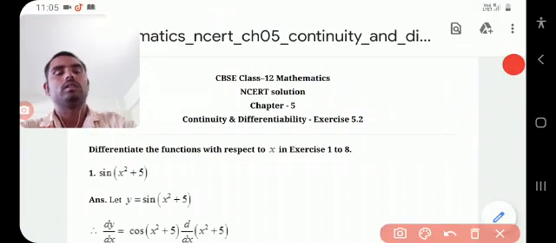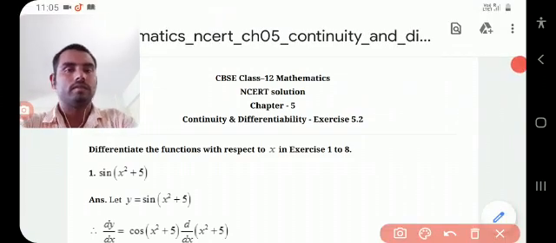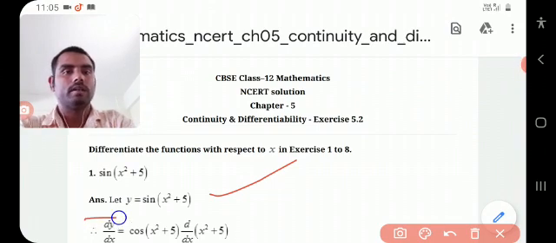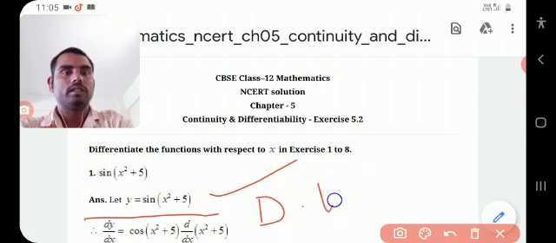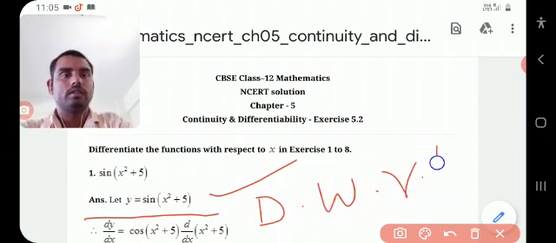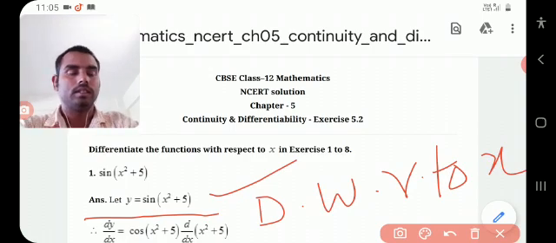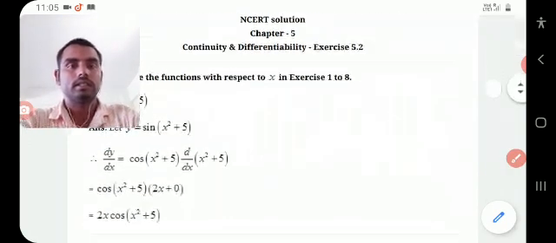So you first write, let y equal to this part, and after that you write, differentiating with respect to x. Clear? With respect to x.